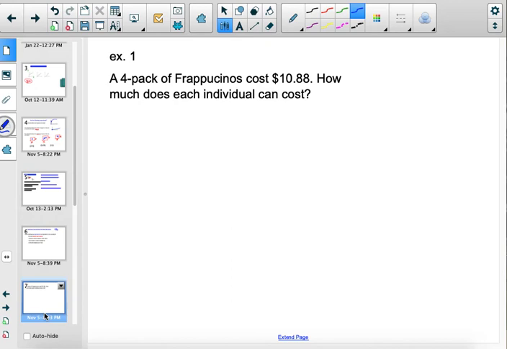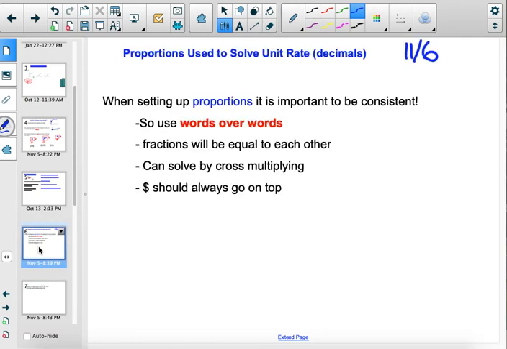So I'm going to set up words over words. Give me the 2 things that you think we should use. What are the 2 things we're comparing? Josie, give me one. Frappuccinos. What's the other thing that we're, Miranda? Dollars. And if you go to the last slide, it makes sense to always put money on top.